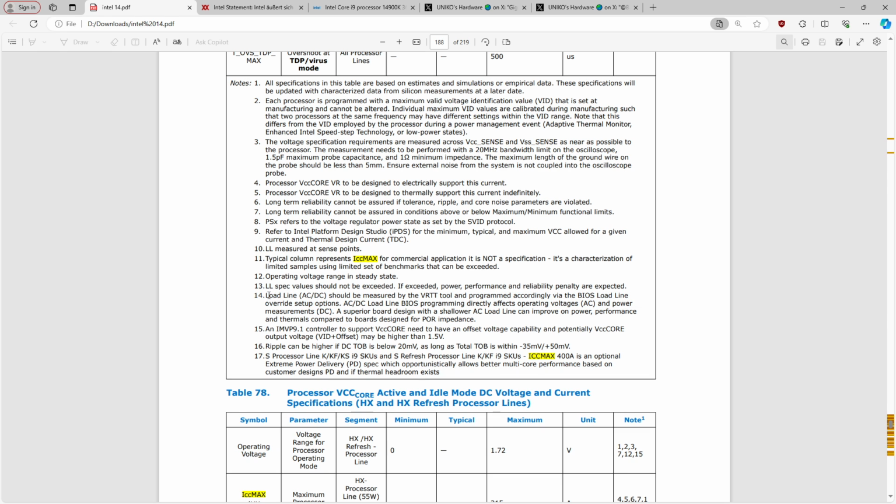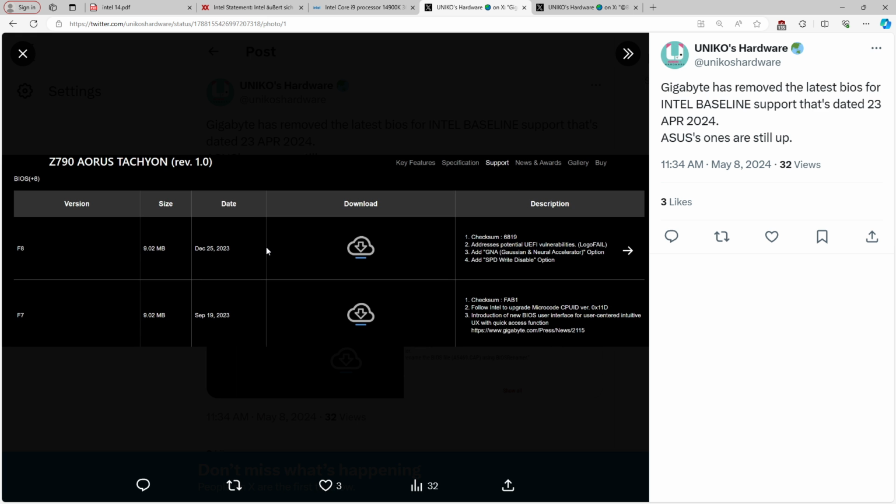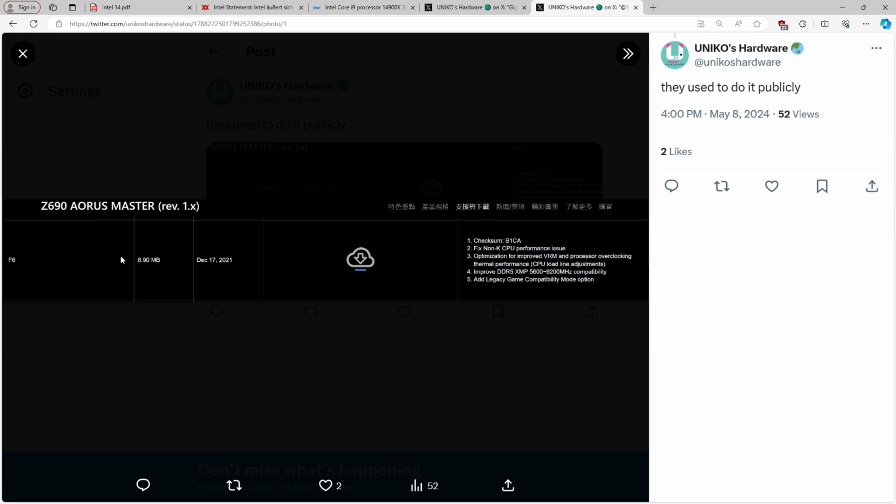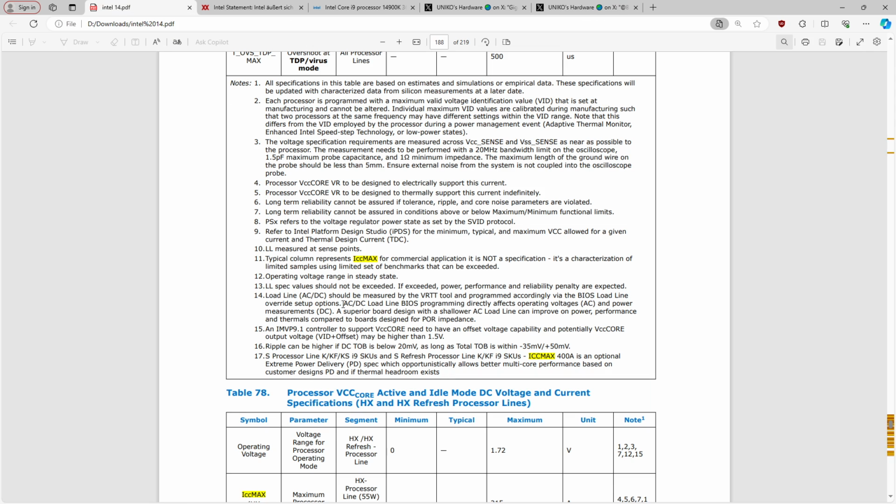So Gigabyte, when they were developing their Z790 and Z690 motherboards, I think this is for a Z690 board. Yeah. Oh, wait, no, wrong tweet. Yeah, this is for a Z690 board. Like, when they were developing these Z690 motherboards, Intel would have given them this tool. They were supposed to use the tool to measure the AC/DC load line of their motherboard, and then they were supposed to punch in the numbers the tool gave them into the BIOS.